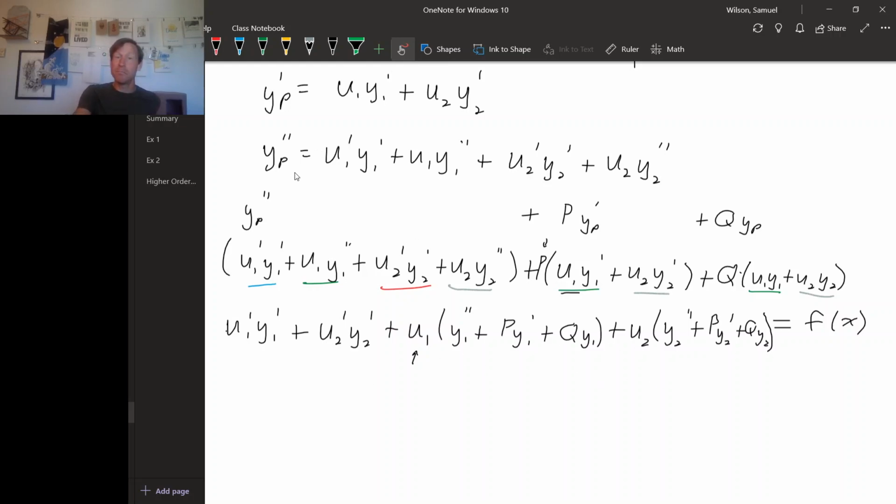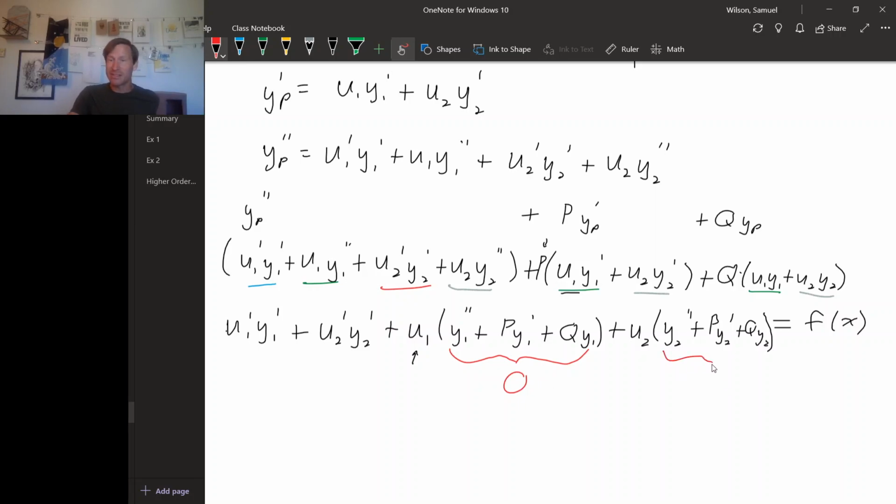Okay, so it looks at first like we haven't done ourselves any favors because this is still a huge mess, but remember, y sub 1 is a solution to the associated homogeneous equation, but that means that this sum here is the left-hand side of the associated homogeneous equation, so this means it adds up to 0. That's what it means for y sub 1 to be a solution to the associated homogeneous equation.